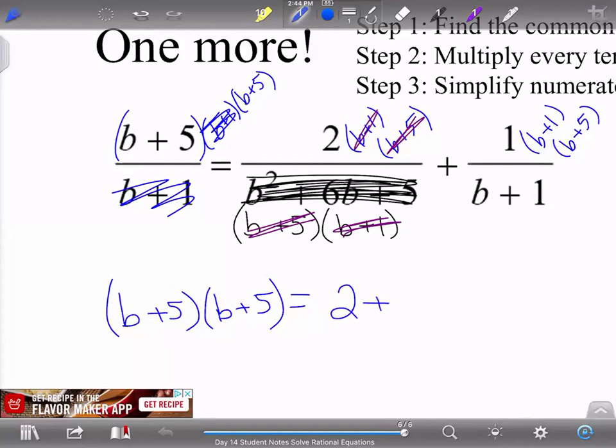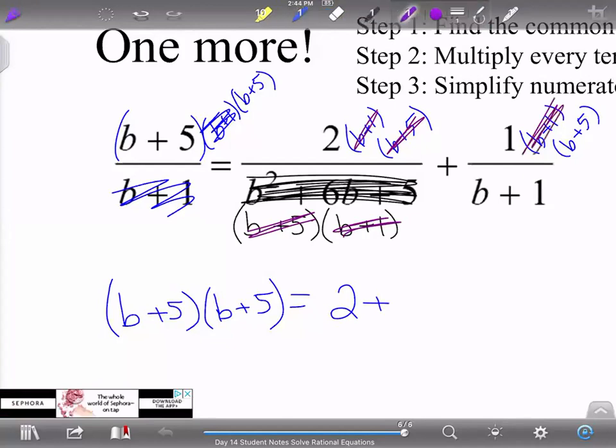And then the last term we have here, we're going to be able to cancel the b plus 1 with the b plus 1 in the denominator. And that's going to leave us with 1 times b plus 5. Well, if I take 1 times b, I get b. If I take 1 times 5, I get 5.